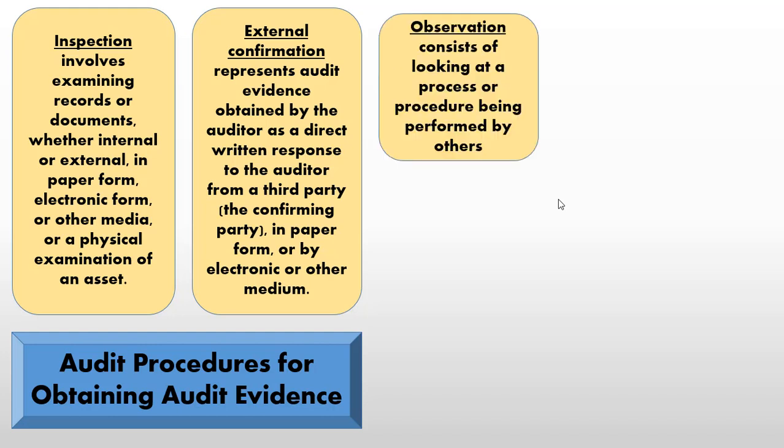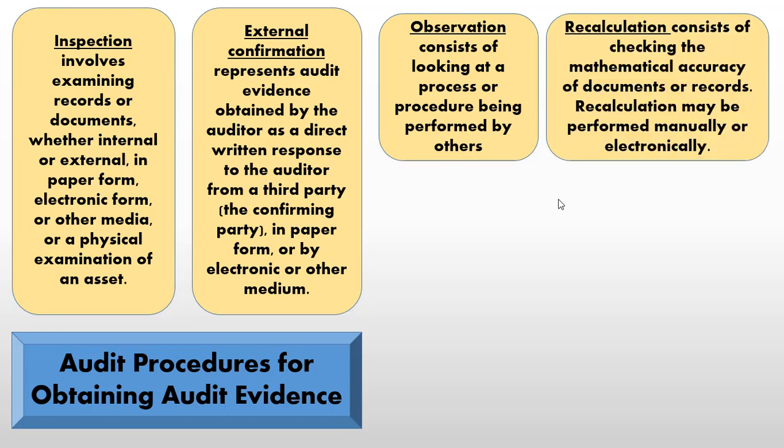Observation is similar to inspection, but observation will focus on process. So you have to be there and observe how the process goes, based on your understanding of the client's process or based on the policy provided by the client.